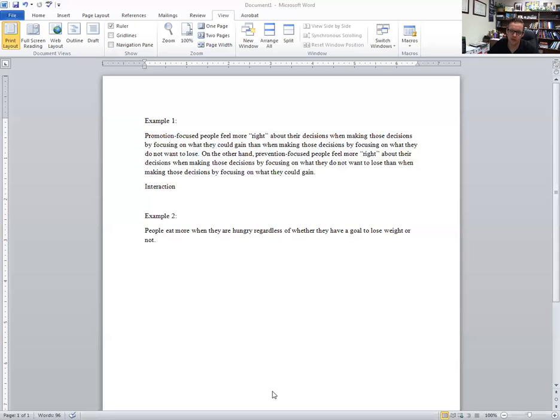Now, if we stuck to the description where we said people who are hungry ate more regardless, then this bar would be here. Let's get those lines back. Then this bar would be here, and this bar would be here, and you'd have your parallel lines again.